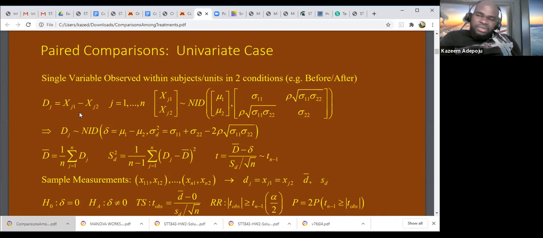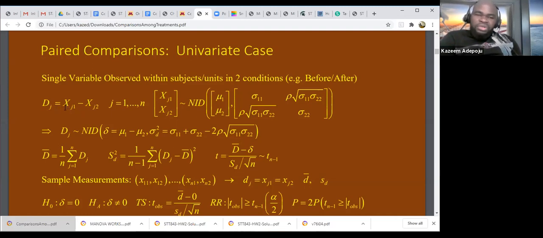For instance, if I happen to be working in that company, they can measure my average performance before my salary was increased and after it was increased. So that is why what I have here is the difference between before and after.